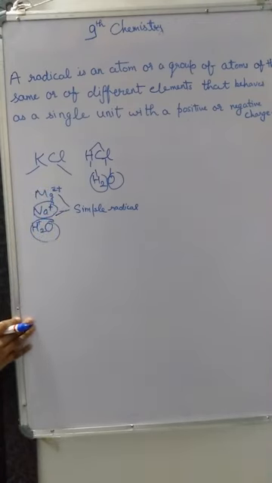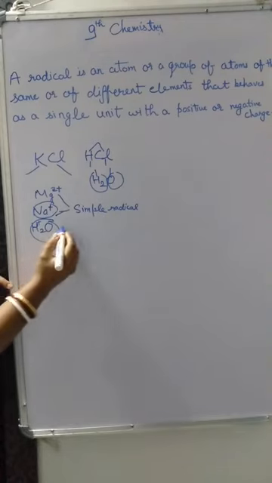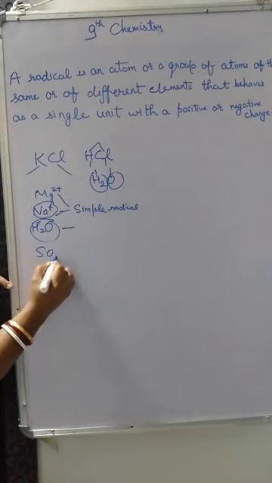Now next one, a compound radical. When it is made up of a group of two or more different atoms, like sulfate made up of one sulfur atom and four oxygen atoms. This is also a compound radical.